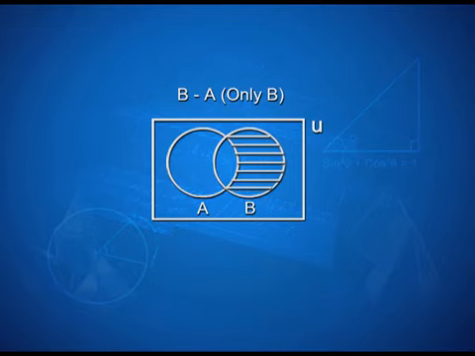This shaded portion represents B minus A, that is, the elements which belong to only B. That is, the elements which are a part of set B but not part of set A.